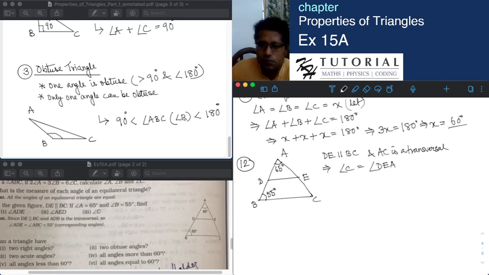Now we know that since DE is parallel to BC and AC is a transversal intersecting the lines DE and BC, we will have angle AED equal to angle C, because they are corresponding angles.